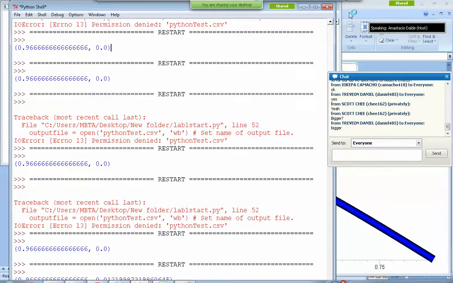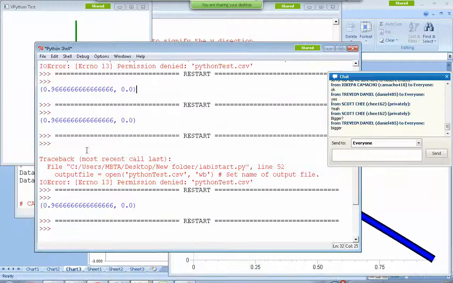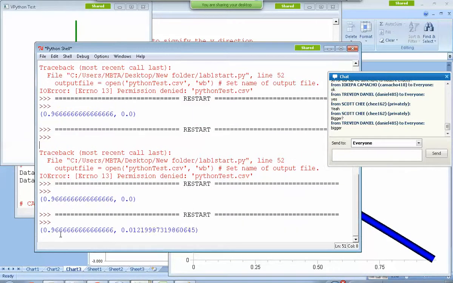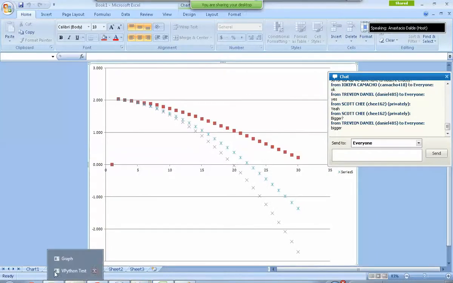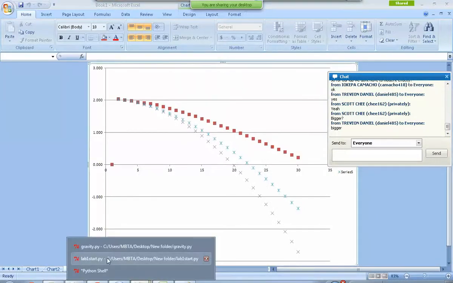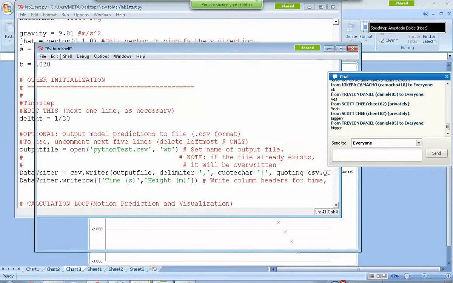Basically, all I have to do is look at this shell and see if it's close. It's close to 0. Let's make it 0.028. There we go. Let's try that.